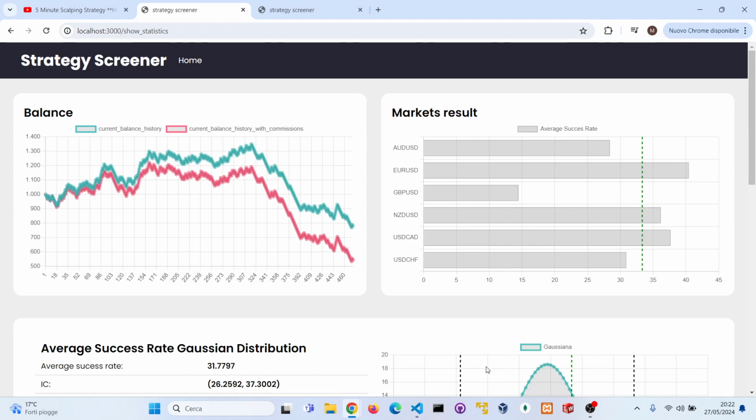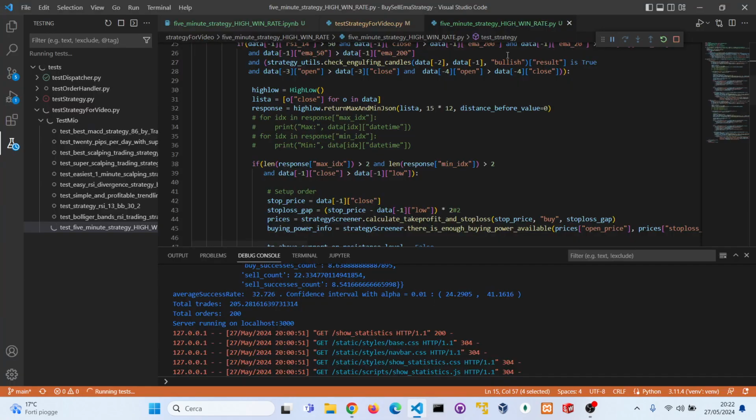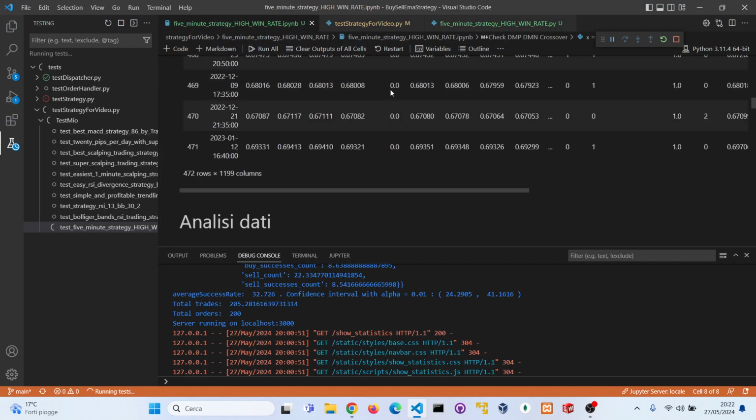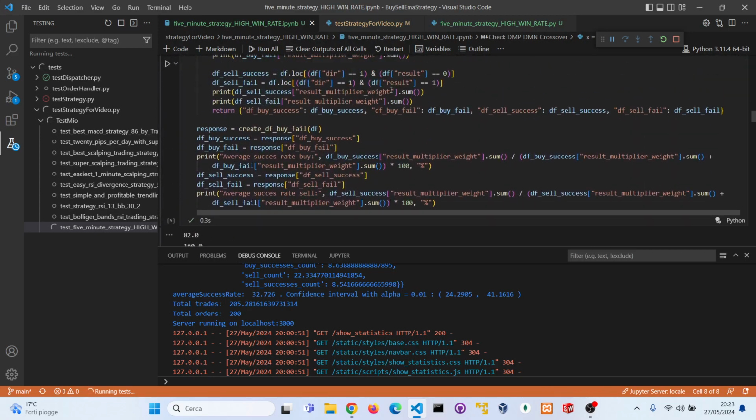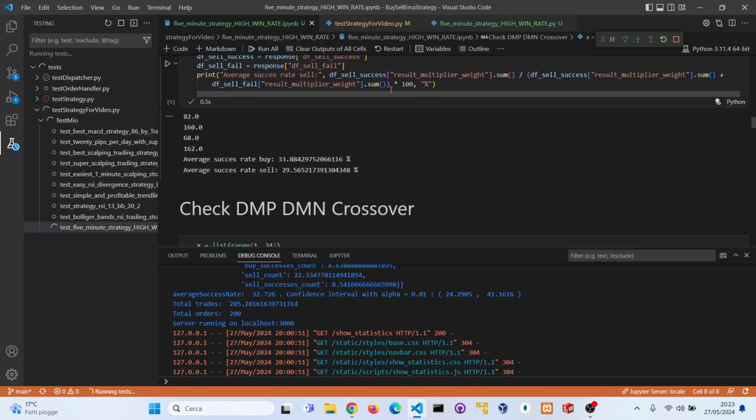I have already downloaded all the trades my software have taken, so let's take a look. They are here. For the first criteria to improve the strategy, I tried to analyze if the strategy is more bullish or bearish, and I found that the average success rate for long position is higher than for short position.